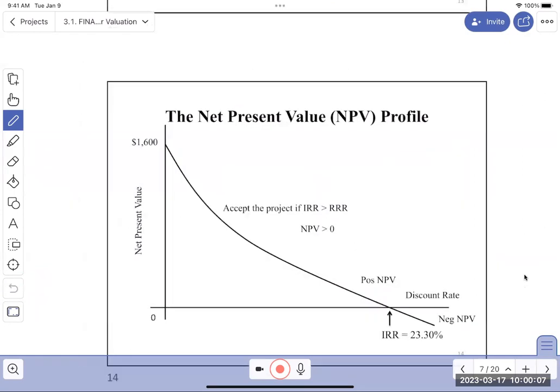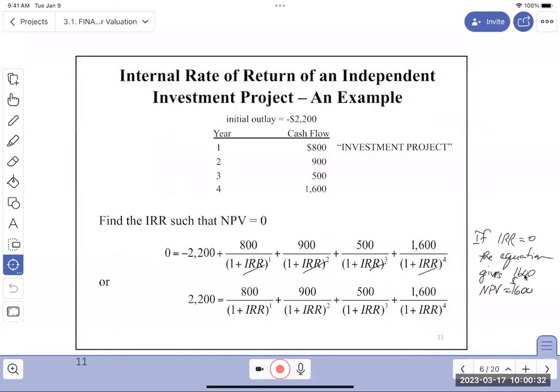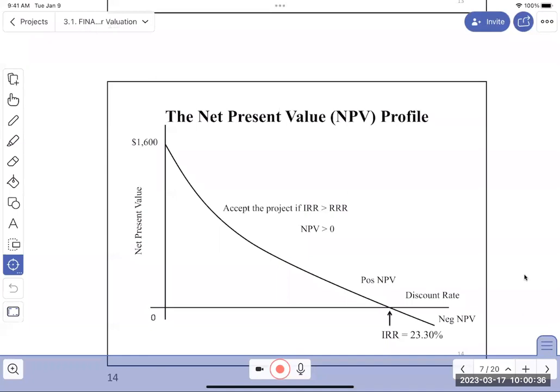And that's what you have here. That's where NPV is 1600, where the discount rate is 0. Now, if you start adding higher and higher discount rates in there, the formula goes down because you're less able to offset the 2200 up to this point. This point where we actually get the 0, where this actually equals 0, is where the IRR is.